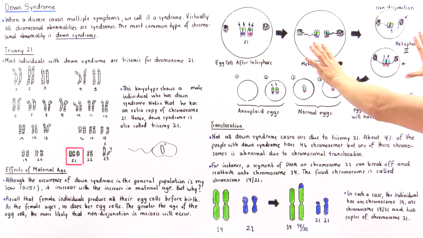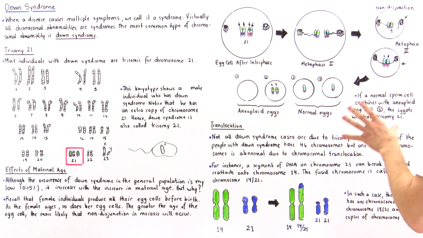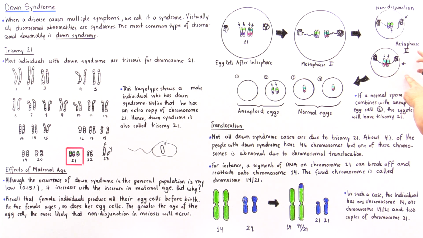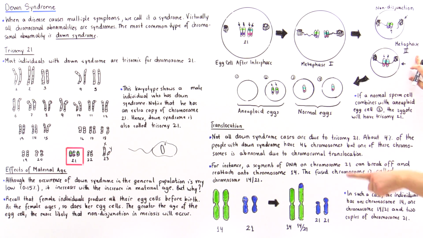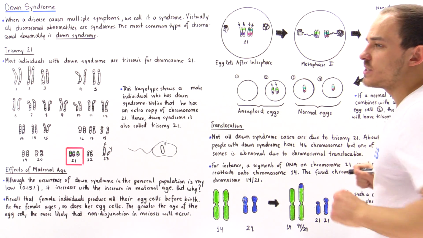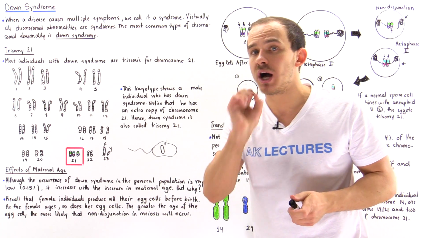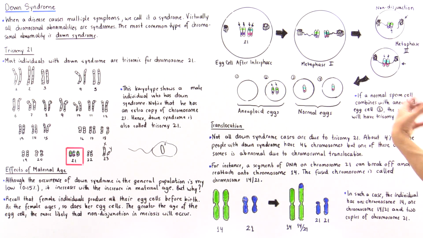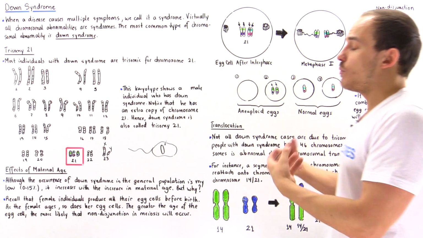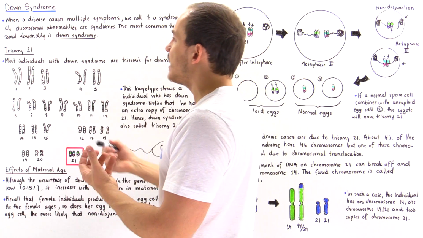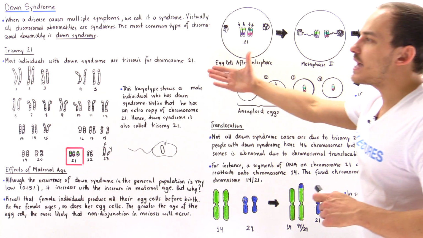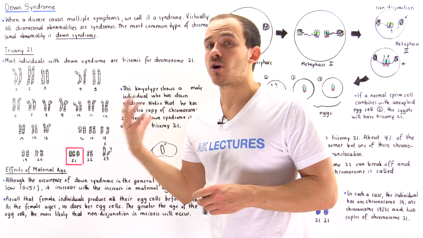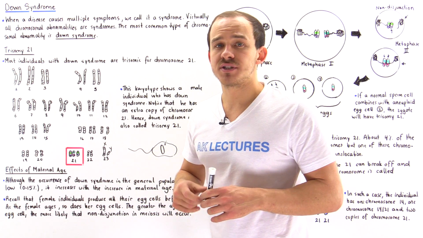Now, notice in this particular case, I've discussed non-disjunction taking place during anaphase 2 of meiosis, but non-disjunction can also take place during anaphase 1 of meiosis, and in both cases we can basically produce a zygote that contains trisomy 21. So trisomy 21 is the much more common case of Down syndrome.